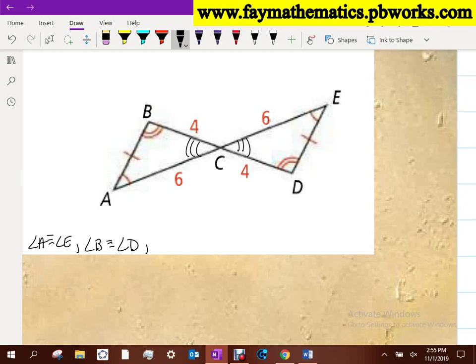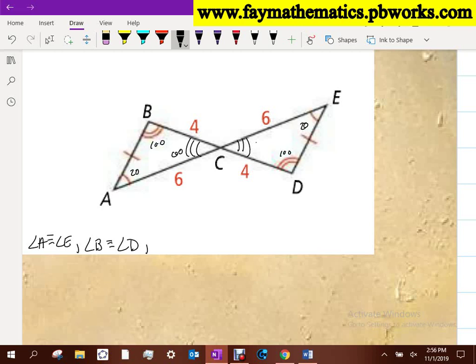Would anybody agree that we also have, think about this. If this is angle A, let's just say was 20 degrees, doesn't angle E have to be 20? If angle B, let's say, was 100 degrees, what angle D has to be 100 degrees? And what does this angle here have to be? 60.